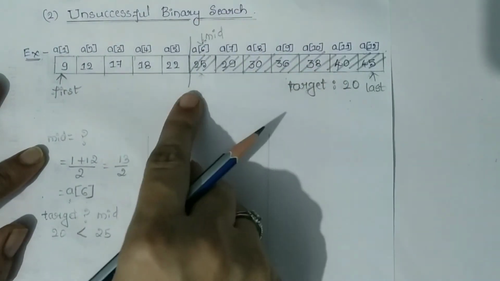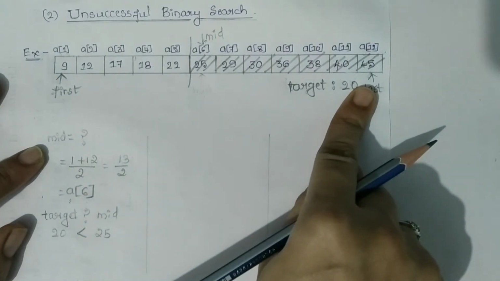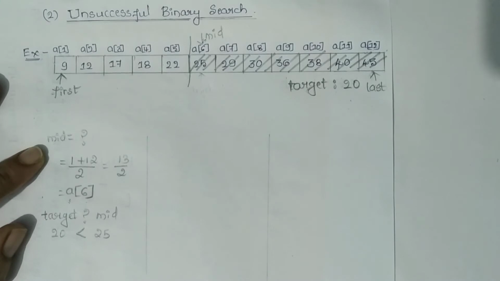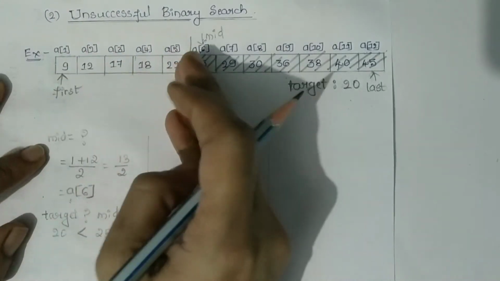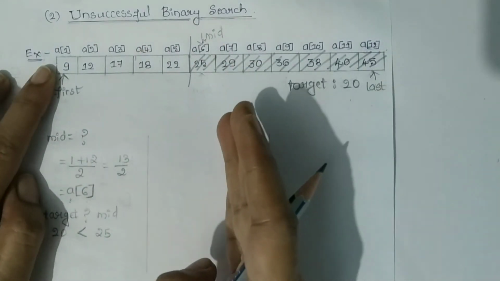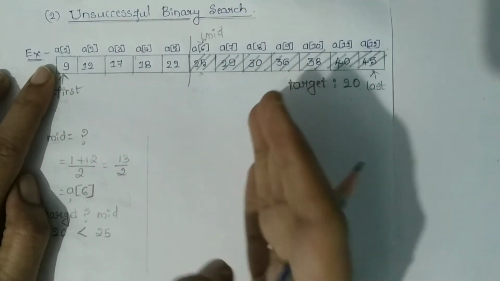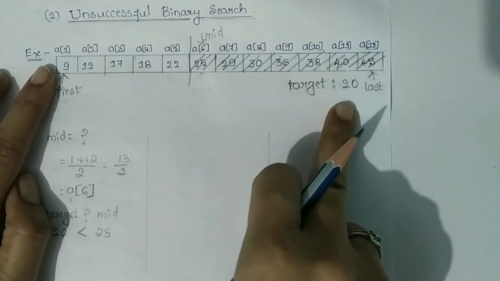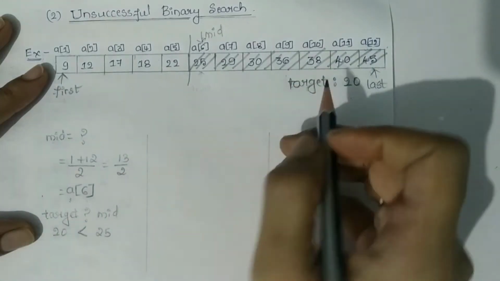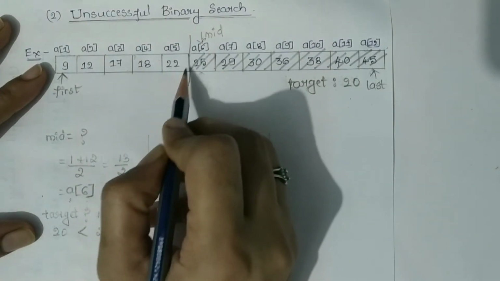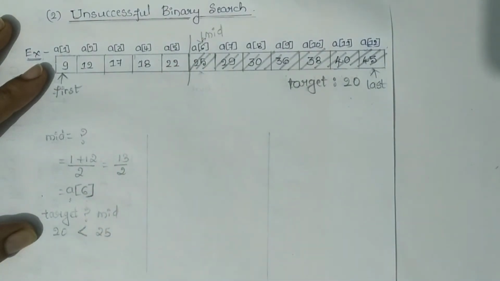I have eliminated half of the list. Now again we have to find the mid of the remaining list, compare the target value with the middle value, and eliminate half of the list until we find the target value. Here last is eliminated, and this is our new last of the list.